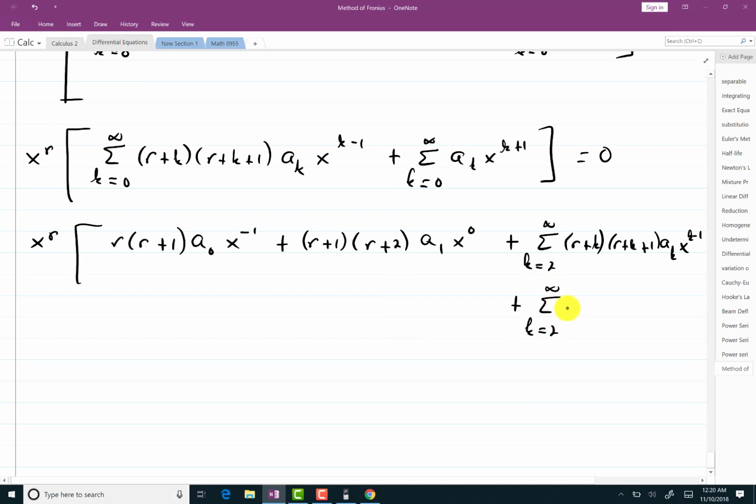Of course, we'll get a sub k minus 2, x to the k minus 1. Of course, all that is equal to 0.